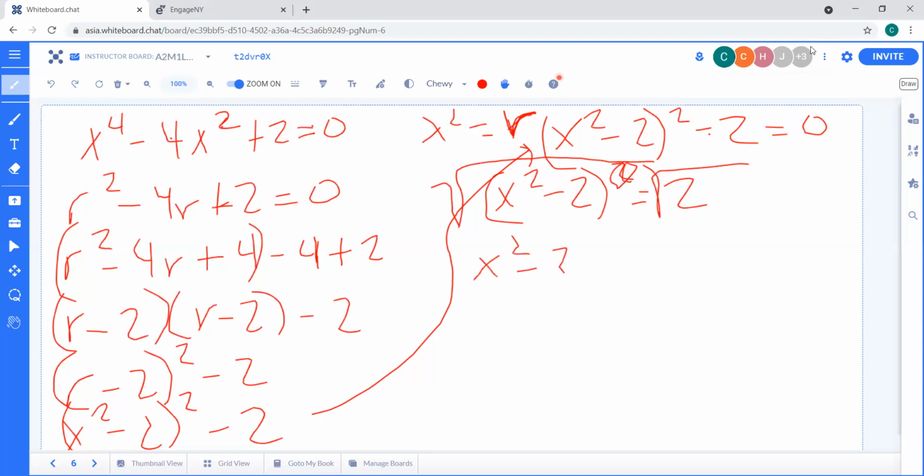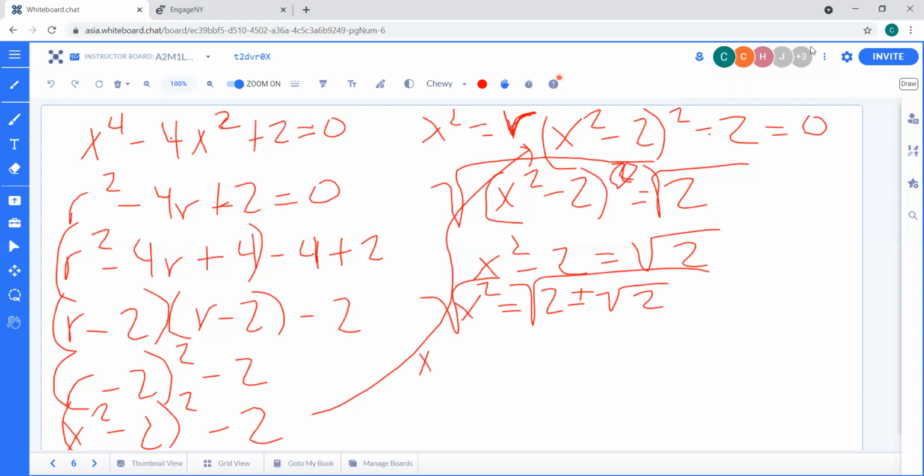The x squared minus 2 is equal to plus or minus the square root of 2. We can square root 2, but we're not going to. So let's go ahead and move the 2 over to make it 2 plus or minus the square root of 2. Let's square root this x squared and you're left with x equals 2 plus or minus the square root of 2.